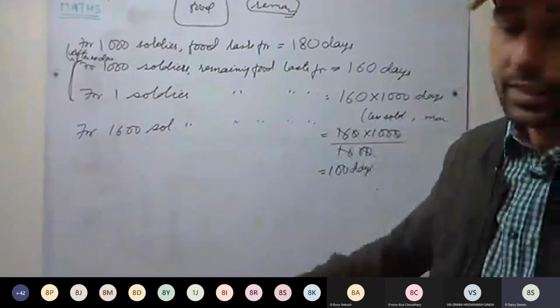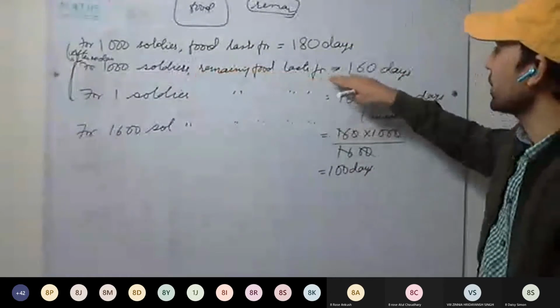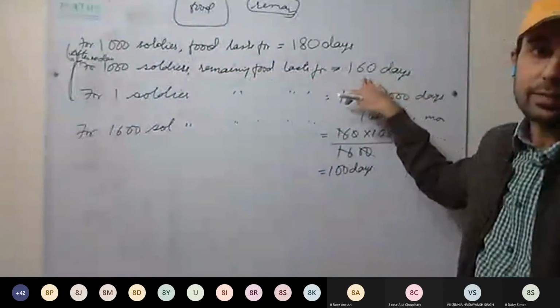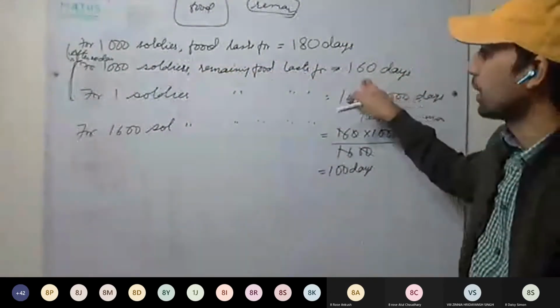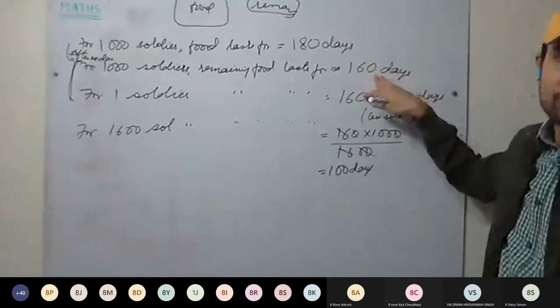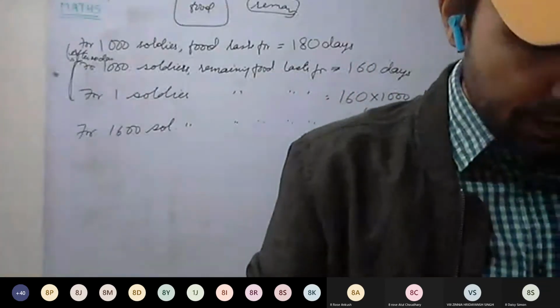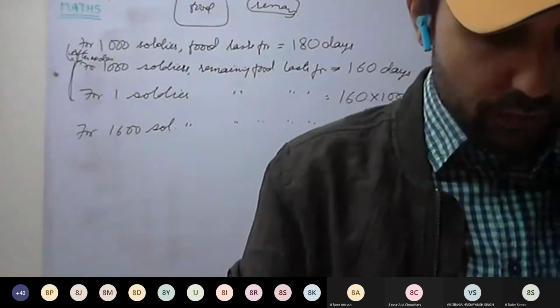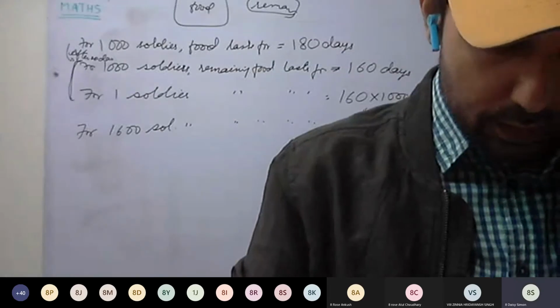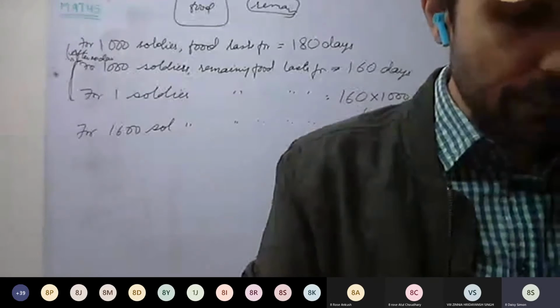So after 17 days, for 2,200 soldiers, how many days will food last? 50 minus 17, 33. So for 2,200 soldiers, after 17 days, food will last for 33 days. Then calculate for one soldier, and find the number of soldiers who joined the camp later.